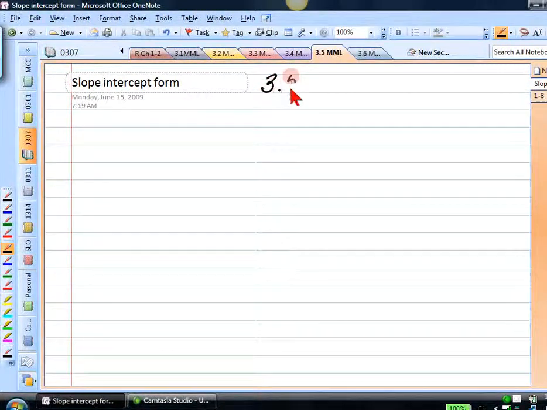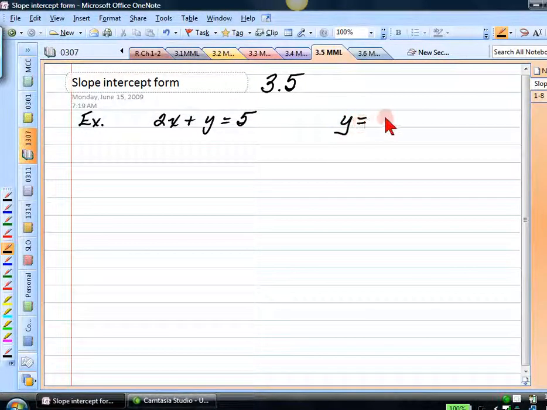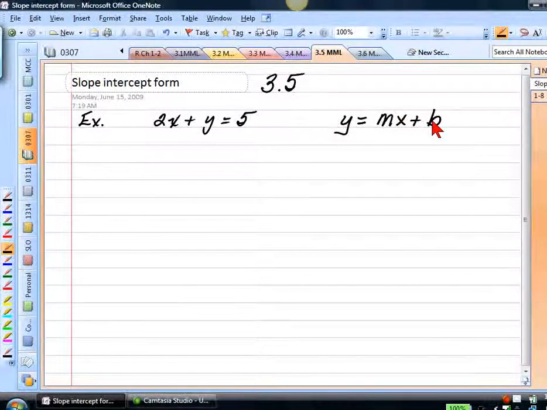We have lesson 3.5. This is called slope-intercept form. Many times you get the equation of a line, and it might look like 2x plus y is equal to 5. That is not slope-intercept form. Slope-intercept form is y equals mx plus b.